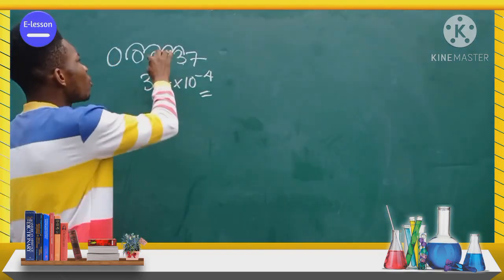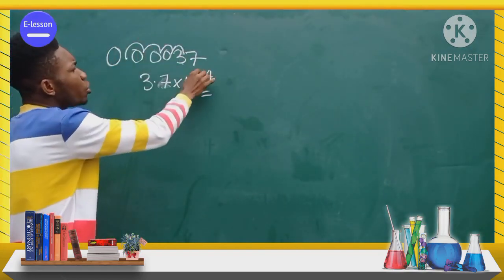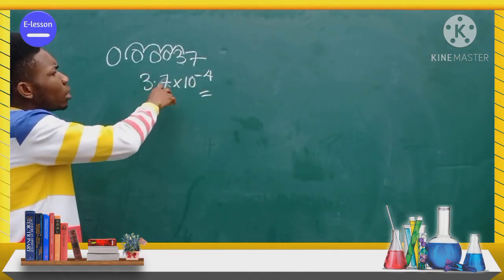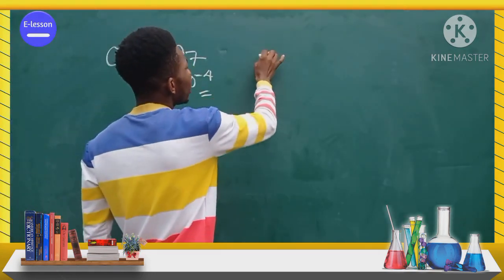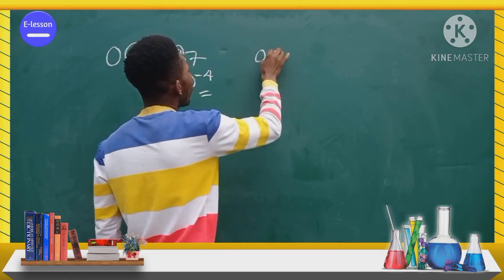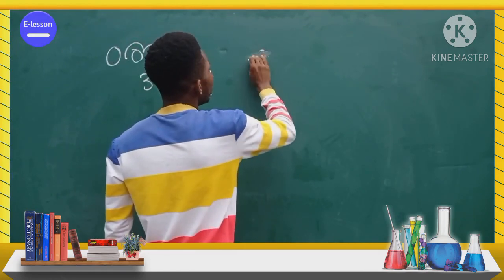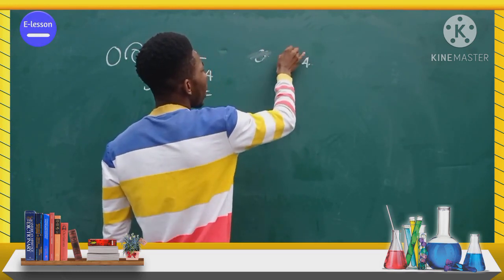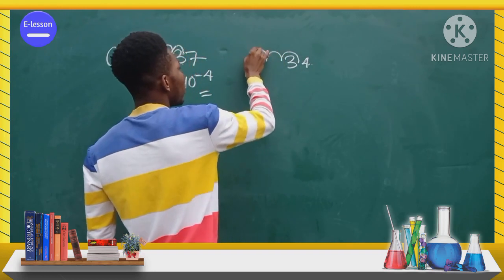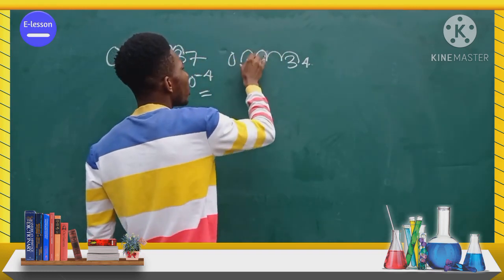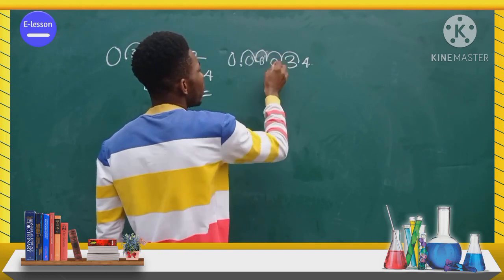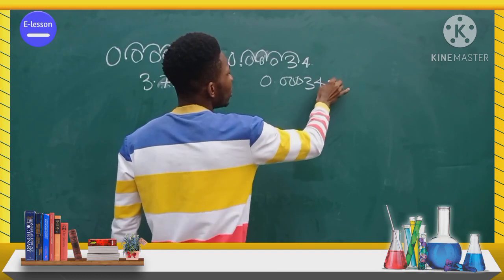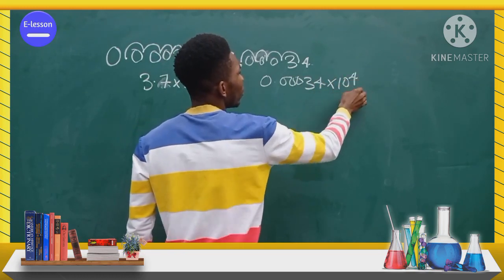Reason being that whenever you are moving your decimal point forward, you introduce the negative sign, while if you are moving it backward, you introduce the positive sign. So for instance, if you are given, let's say, 3.4, and you move it backward 1, 2, 3, 4, 4 times, this becomes 0.00034 times 10 raised to power 4.